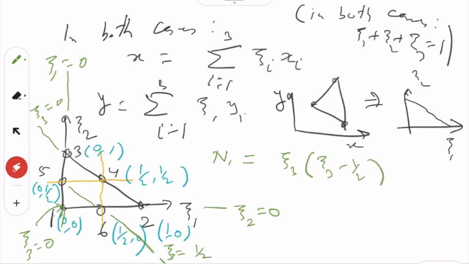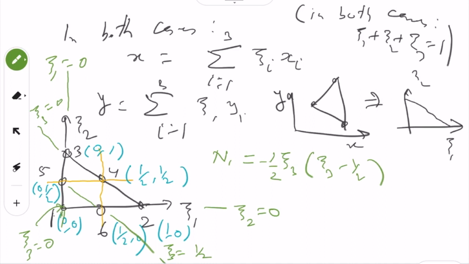So automatically if xi3 is equal to 1, this will take care of this one. Xi3 equal to half, this will take care of this one. And if xi3 equal to 0, you put the value of 0 and 0 here, so you get minus 1. Hence the value has to be minus half. So this is what the n1 is.